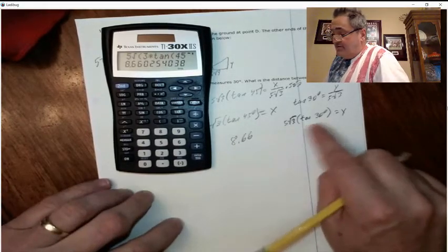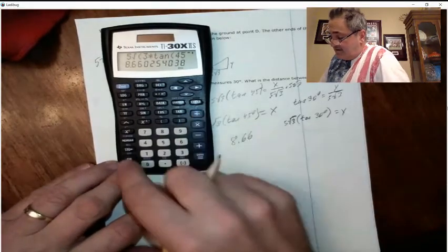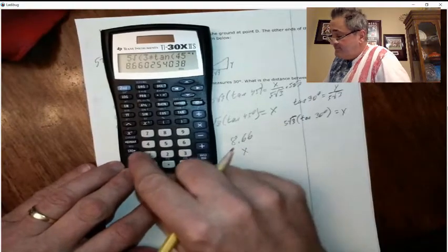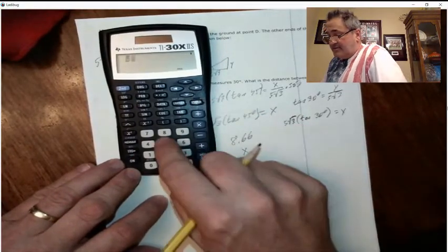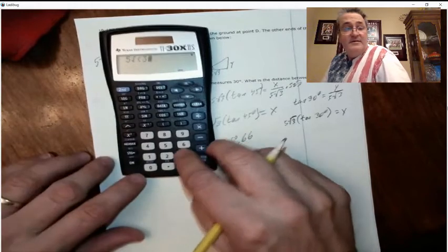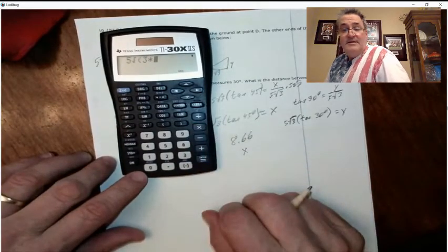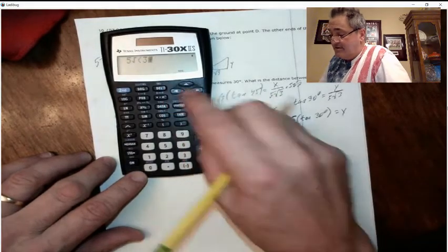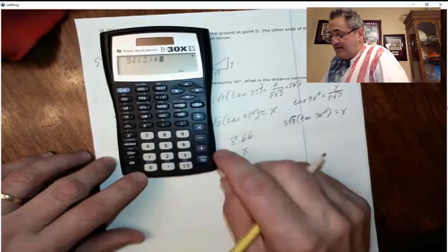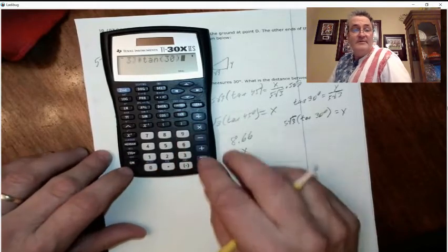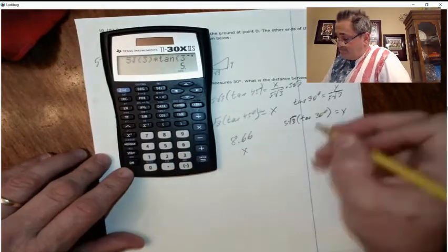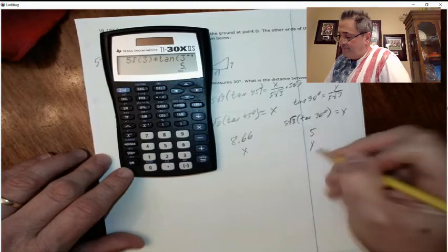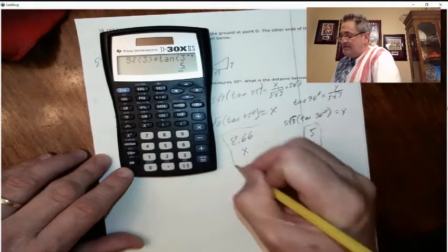So this is what x is. How about y? This is 5 times the square root of 3 times tangent of 30 degrees. Let me close that parenthesis. That equals 5. So y is 5, x is 8.66.